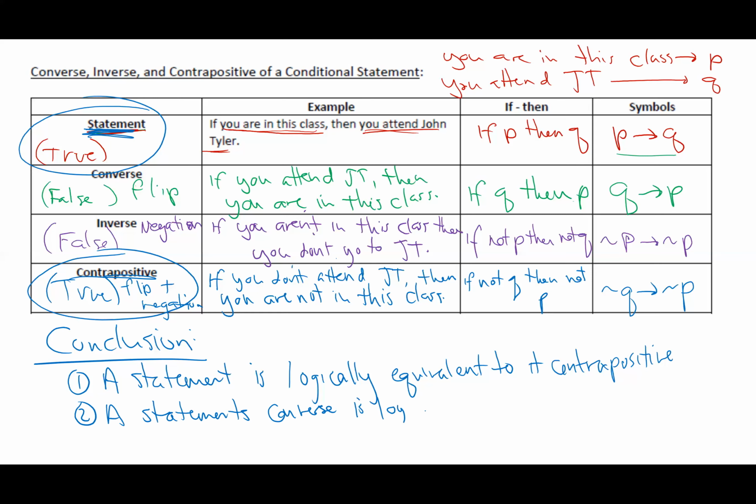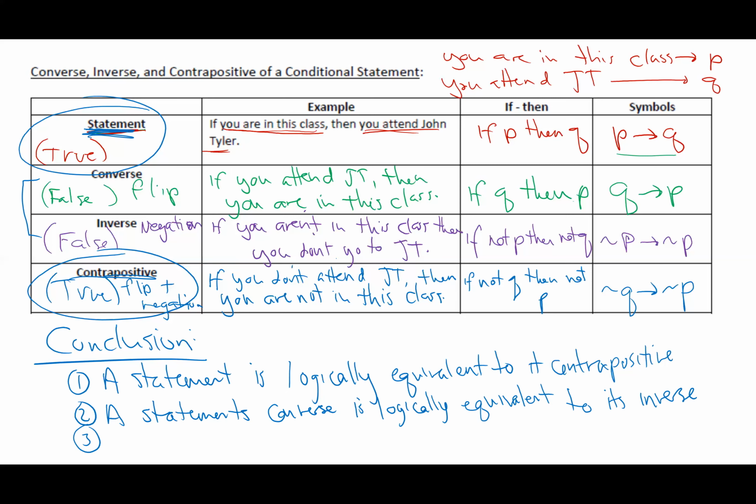Next thing you need to notice is a statement's converse is logically equivalent to its inverse. For these, I would need the same thing, again, to disprove these statements. I would need the same person.